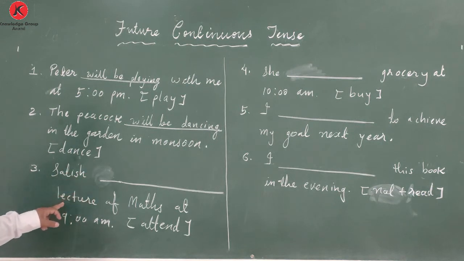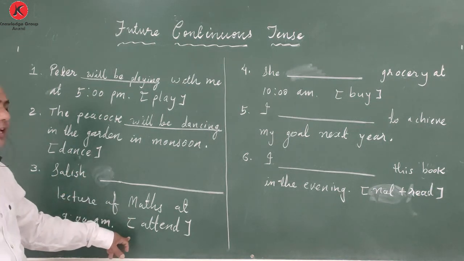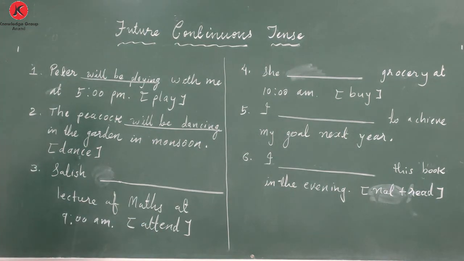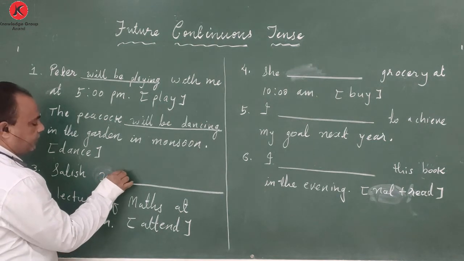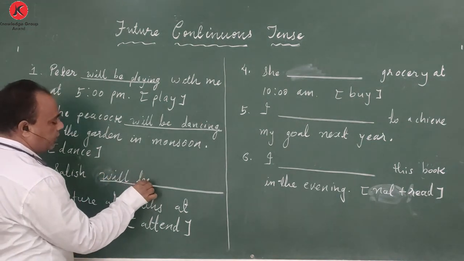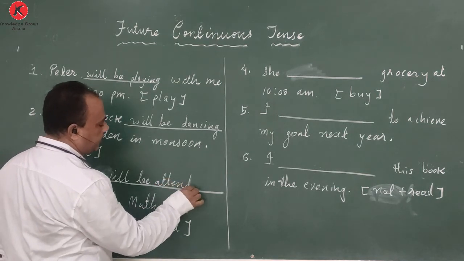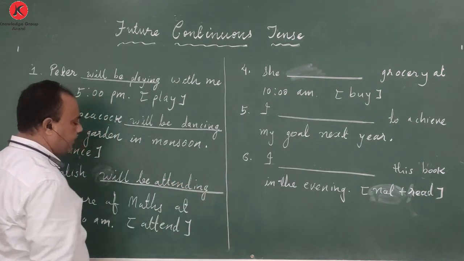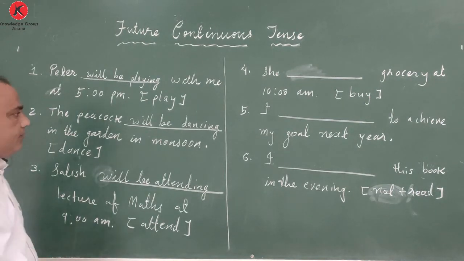Satish dash lecture of maths at 9 a.m. In the bracket it is given attend. Satish is the third person, so we will write here will, then be, and attend will change into attending. Satish will be attending lecture of maths at 9 a.m.